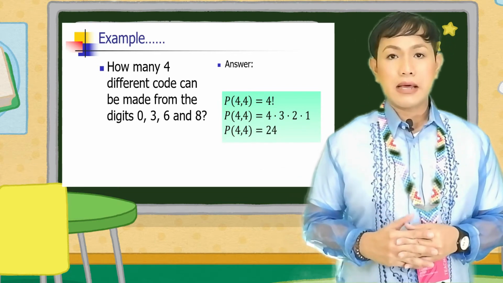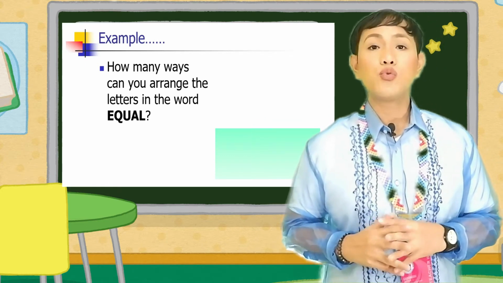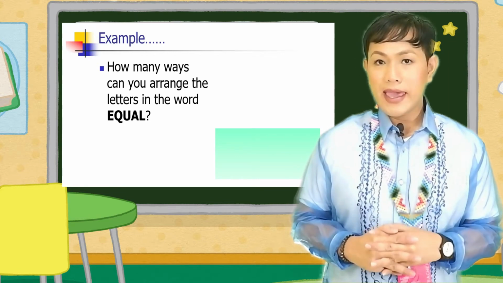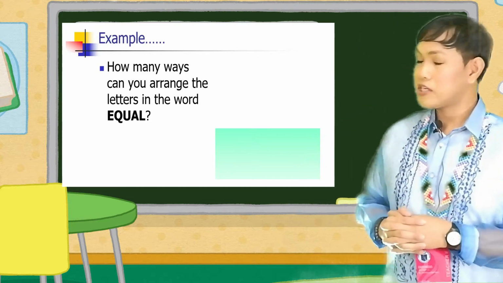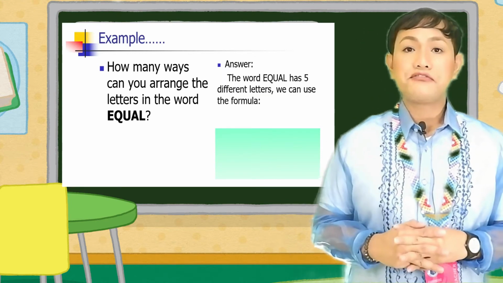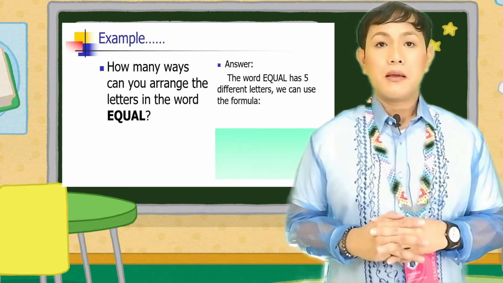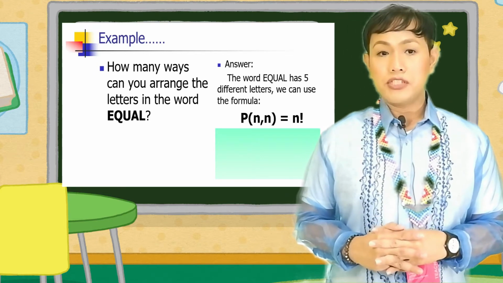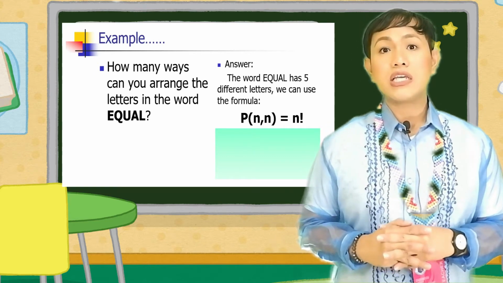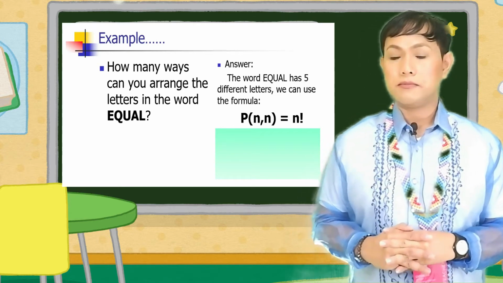The second example would be, how many ways can you arrange the letters in the word EQUAL? Spelled E, Q, U, A, L. So for our solution then, we get to see that the word EQUAL has 5 different letters. So we can use the formula, the permutation of n objects taken n at a time, where your r is actually equal to your n, and that is equal to n factorial.